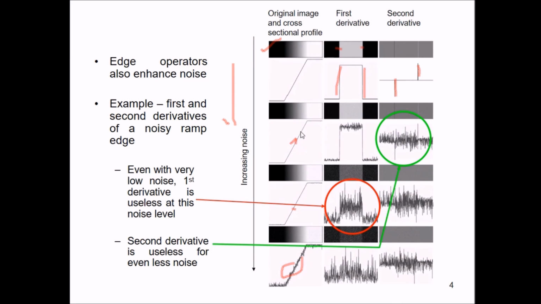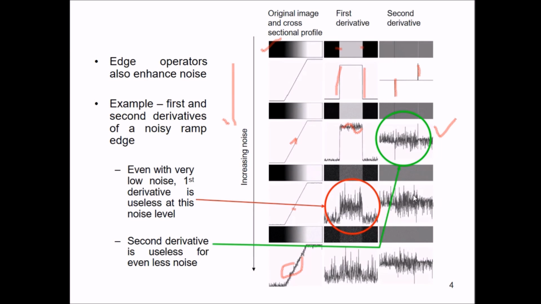Now with a small amount of noise, the first derivative has certain noise, but the second derivative is far beyond comprehension, because it enhances the noise to a level which is not usable. In this particular case, we have again added noise, and the first derivative itself is unusable.